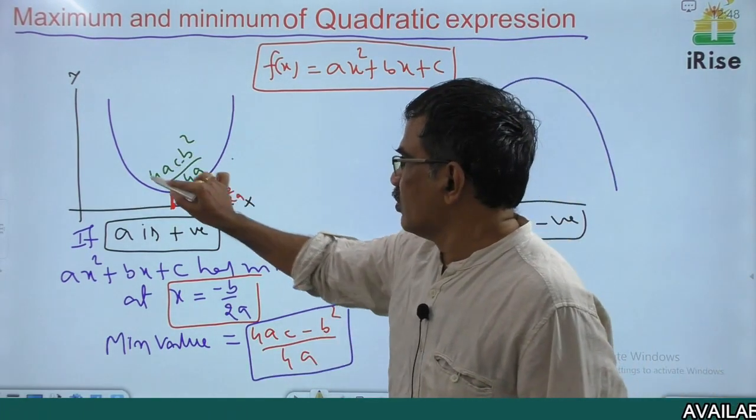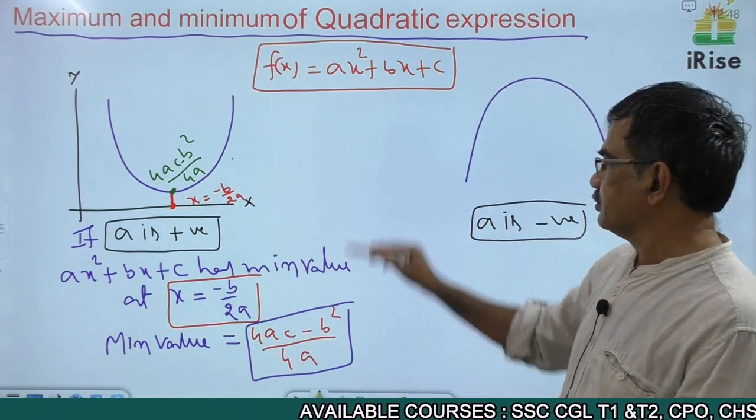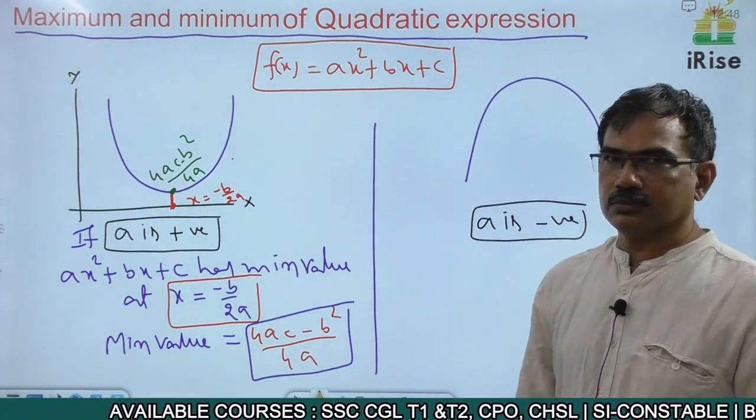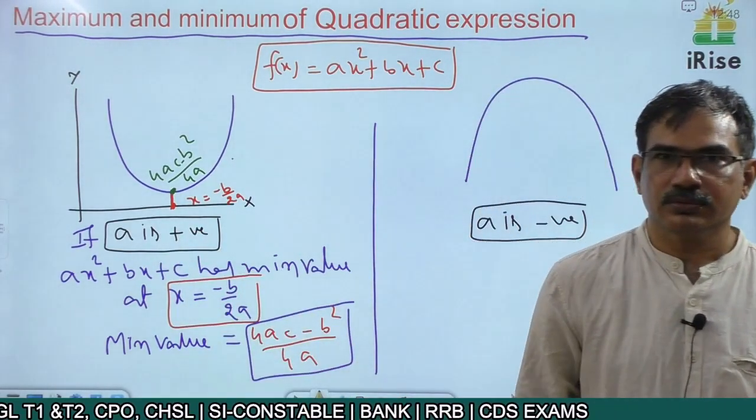This is the minimum value, and this is the point at which it has the minimum value, when a is positive.